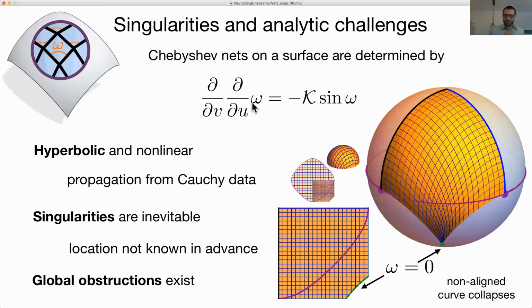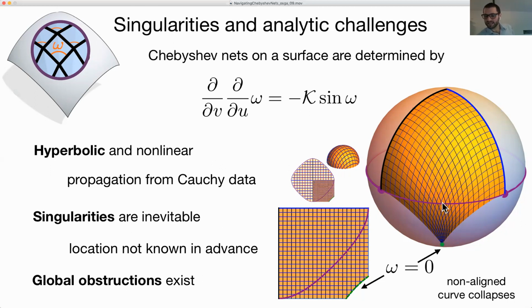The problem is that, as is well known, with hyperbolic equations, when you propagate them out from some initial data, singularities are basically inevitable. It's not known where they will occur, and they are global obstructions, found by integrating along characteristics, that prevent you from having very large solutions. So here, for example, let's go back to the Chebyshev solution on a hemisphere, and let's try to extend this solution into the lower part, into the southern hemisphere.